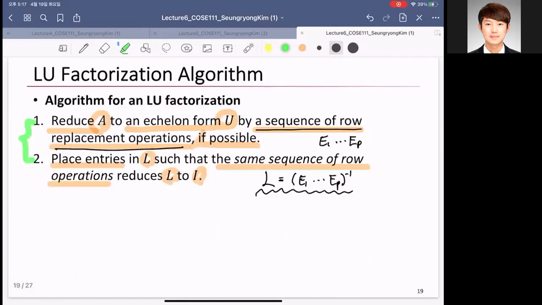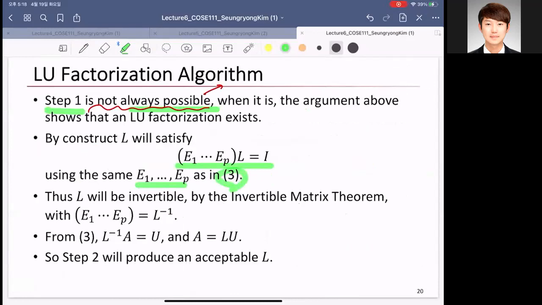Then L is invertible. Why? By the invertible matrix theorem, because L is a product of elementary matrices, so it's invertible. Each elementary matrix is invertible, right?